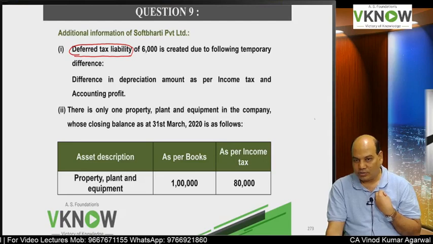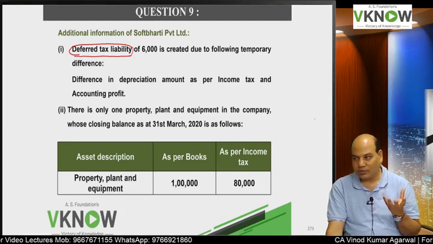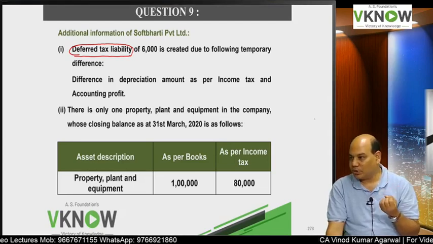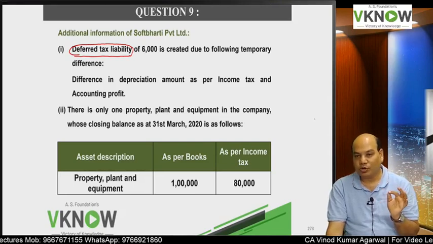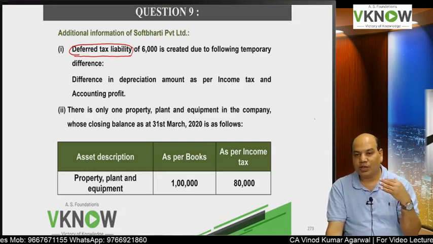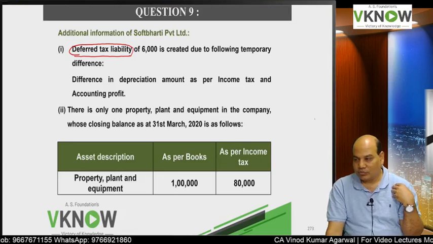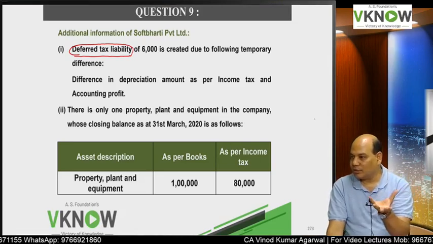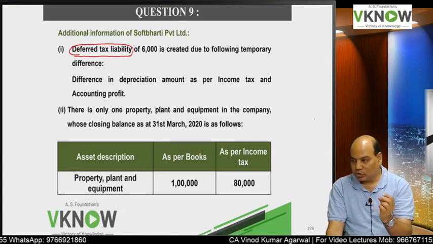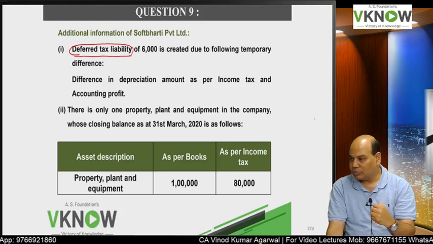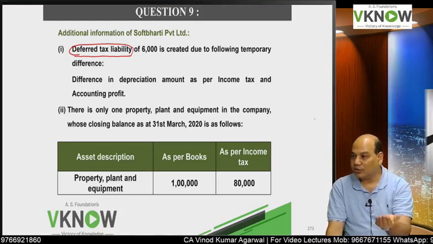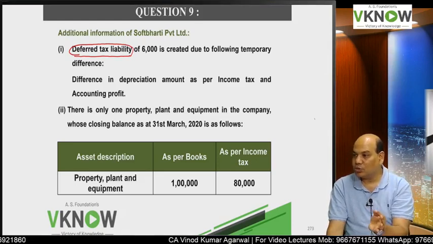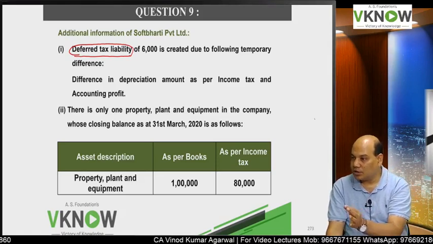Like for example, in income tax, you can charge more depreciation compared to books. So you will be happy that you saved tax in this year, but you will pay more tax in a future year because your block of asset will reduce. So that gives rise to deferred tax liability. If you save tax now, but you will have to pay more tax in future, that situation will give rise to deferred tax liability.